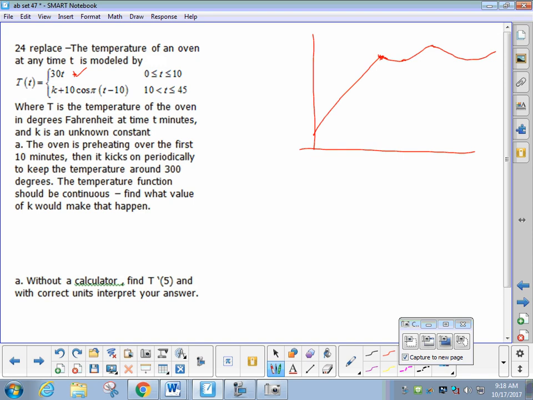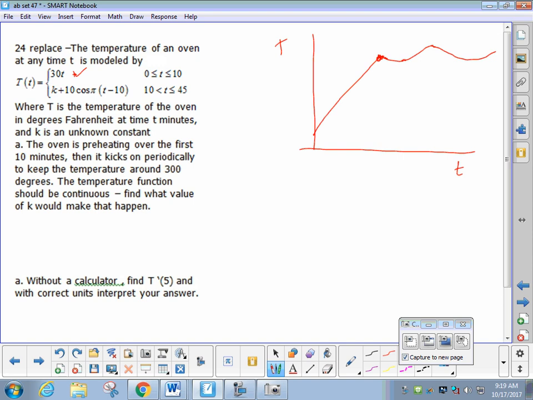Now surely this must be continuous, because it's not going to go from one temperature straight to the other without everything in between. That's the intermediate value there. So it is going to be continuous.